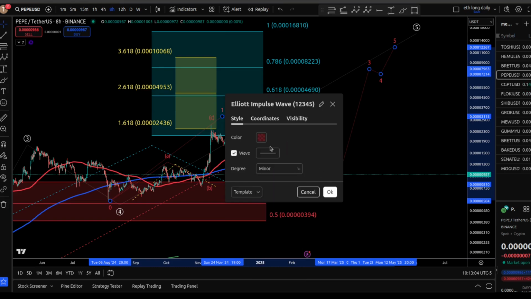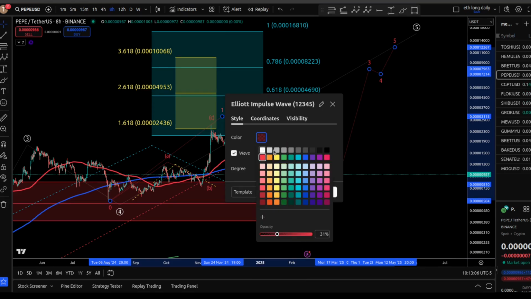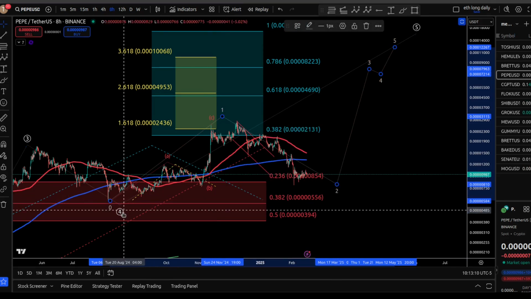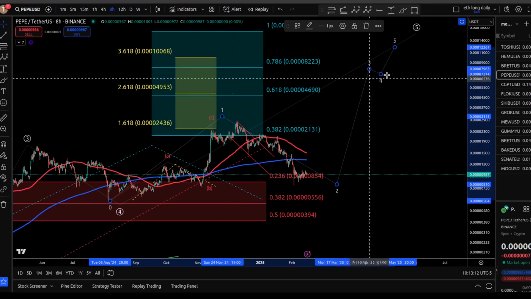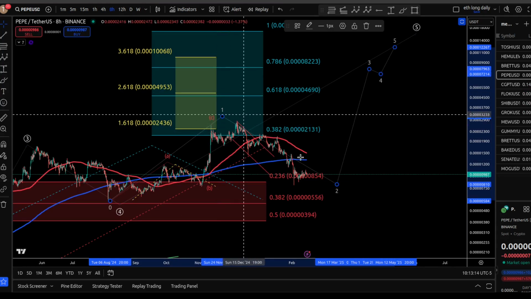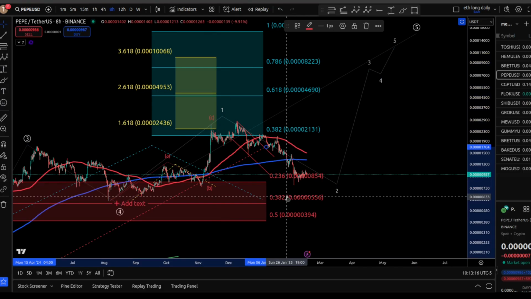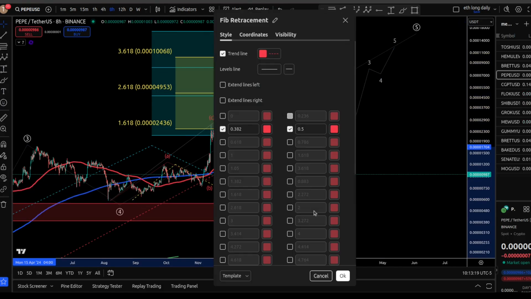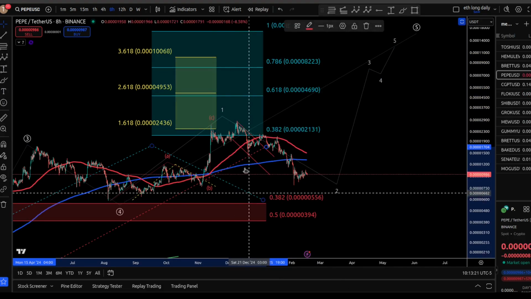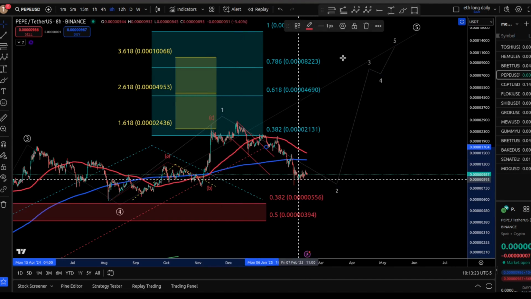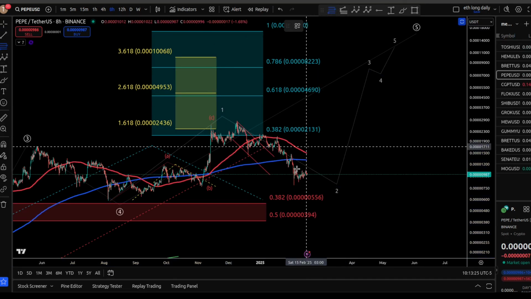Actually, I can leave that, but I want to change the color. And I think it shouldn't be confusing. Okay, so now I want to remove this level so that it's easier. And now I want to calculate the wave 2 here.